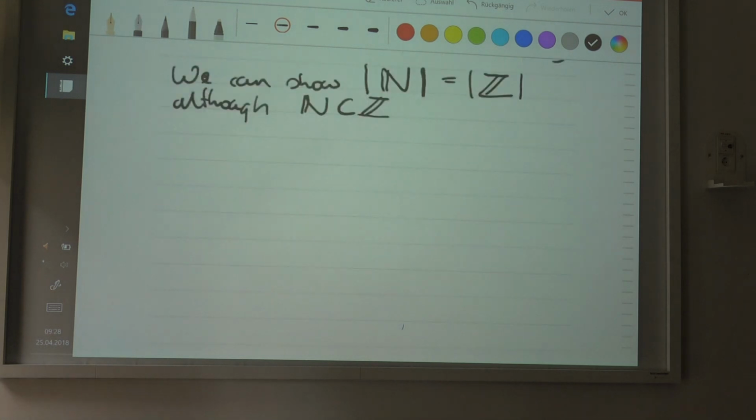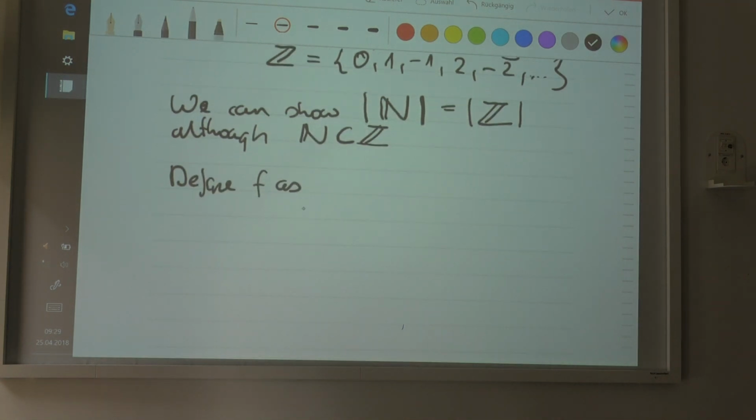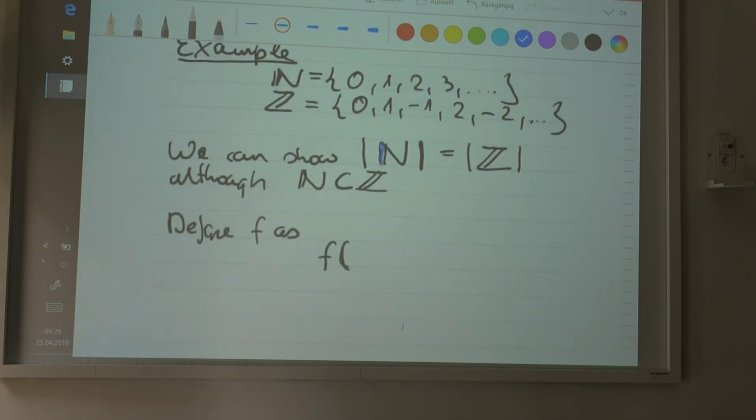So there is at least one. Now let me define this bijection. Let me define the bijective function here. We define f as follows. The arguments of the function will be from the set of natural numbers, and the images will be from the set of integers.